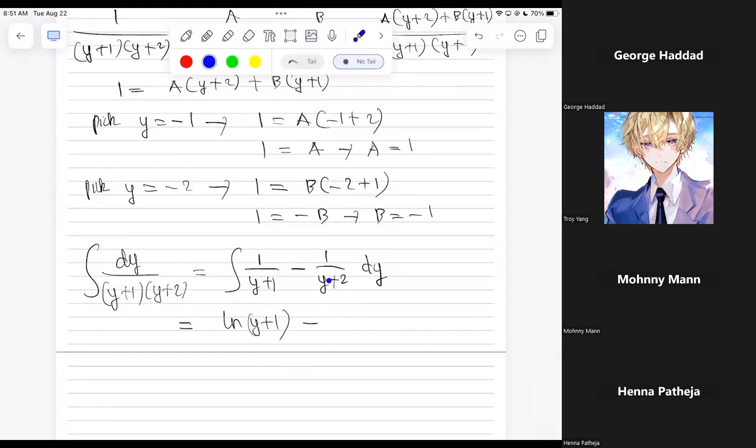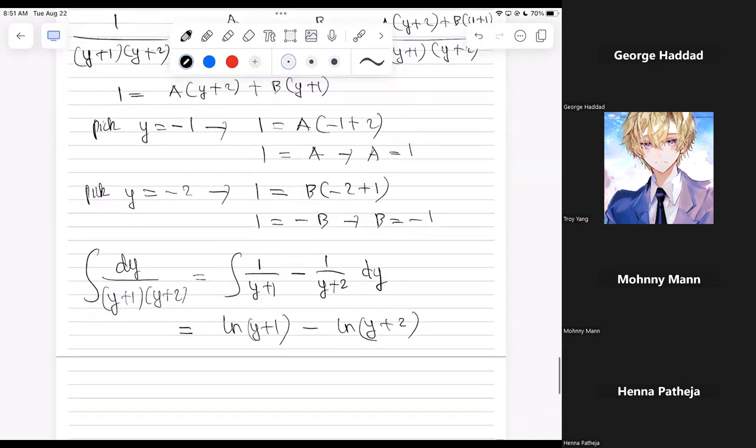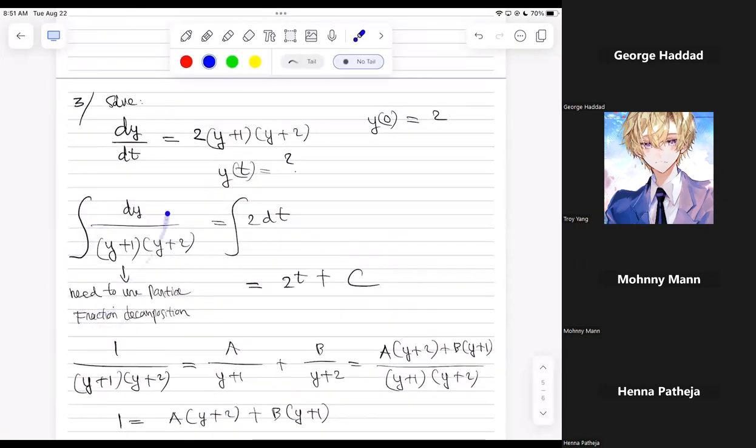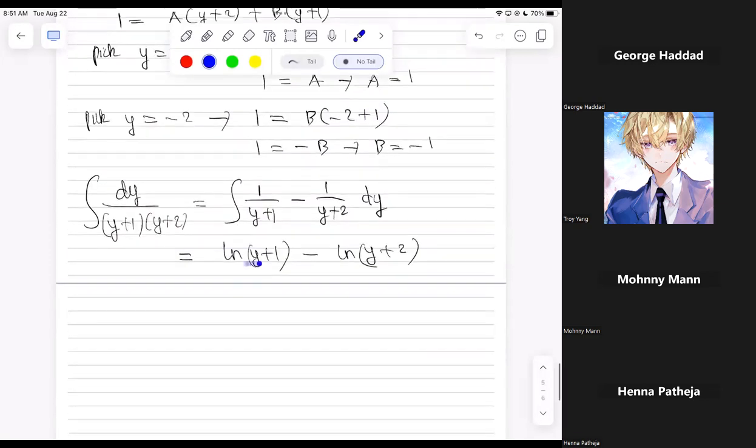The integral of y plus 2 right here, I can write like ln of y plus 2. So it means the left hand side, after I evaluate the integral, I will get ln of y plus 1 minus ln of y plus 2. Or I can combine them, right?